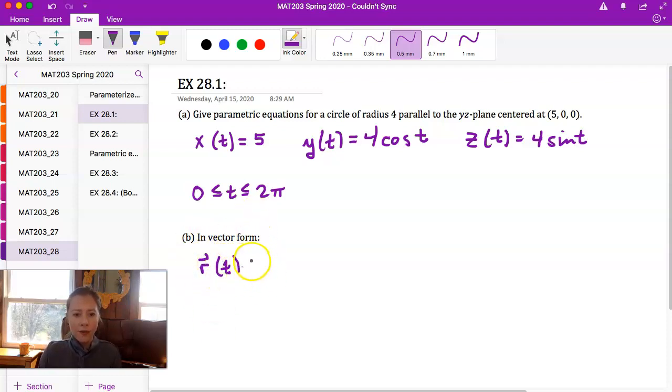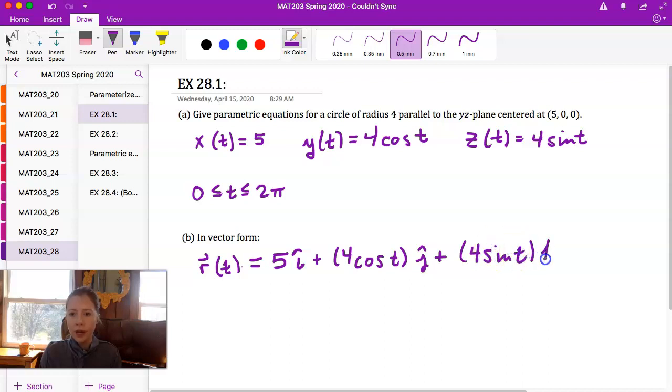And vector r of t is going to equal, as a function of time, in the x, 5 i hat, plus the y is going to be 4 cosine t j hat, and z is going to be 4 sine t k hat.